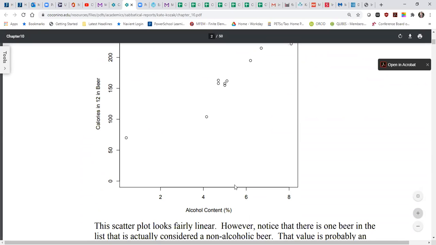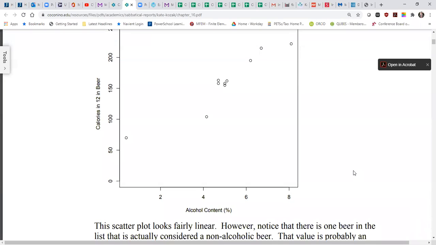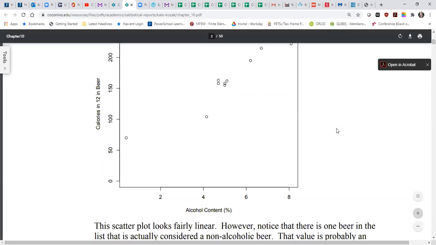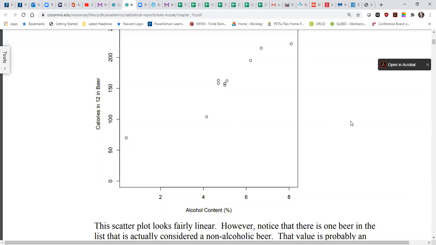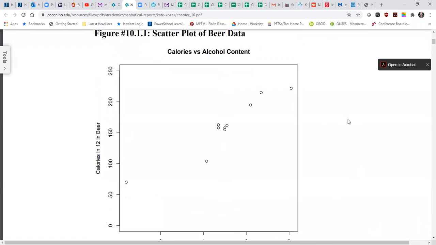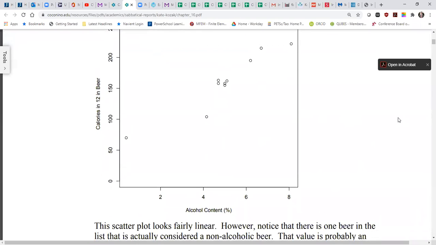The horizontal axis represents the alcohol content, and the vertical axis represents the calorie content.